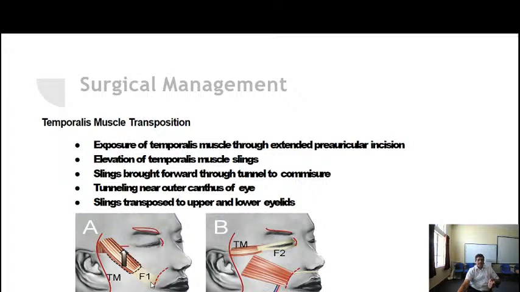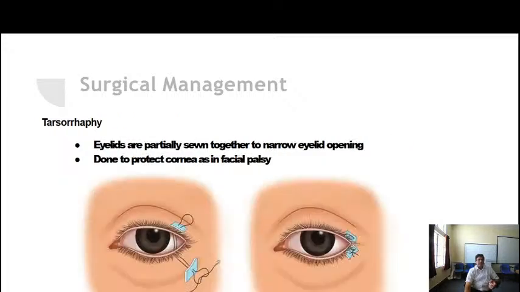Okay, this is a masticatory muscle. So when you close the mouth, there is a closure of the eye, and also the angle of the mouth is pulled up. So this is the temporalis muscle transposition.